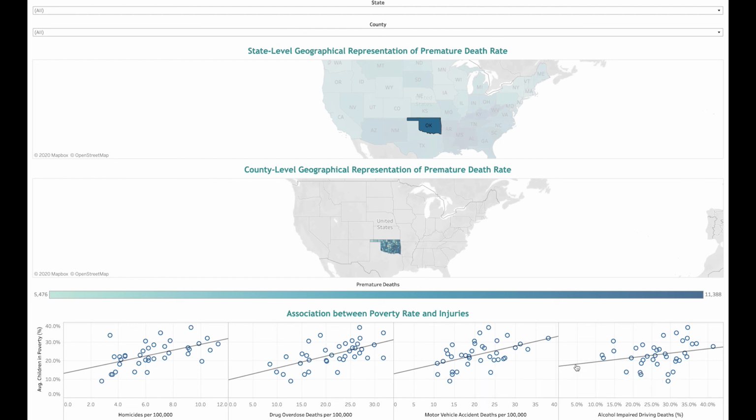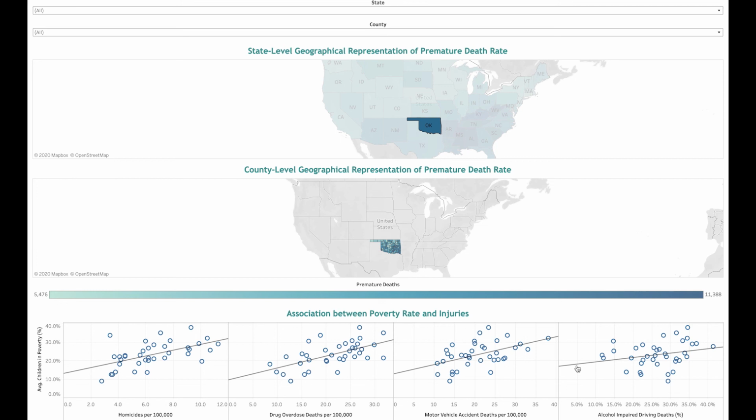Meanwhile, we see a strong positive trend with child poverty and alcohol-impaired driving deaths. But the relationship is not considered significant, as the p-value is greater than our alpha of 0.05.